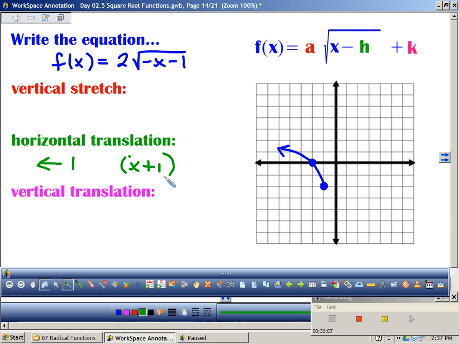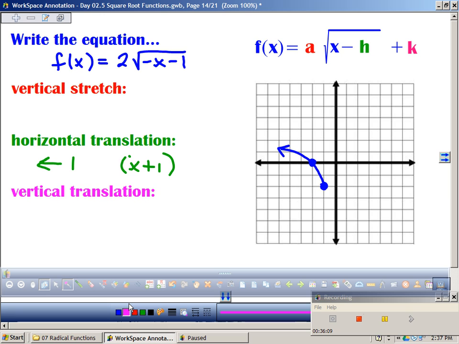So you guys are probably confused with that. My vertical translation is down 2, so I had forgotten that. So that's negative 2. My stretch is by 2, so we have a vertical stretch, but then we were going in the negative direction on x.